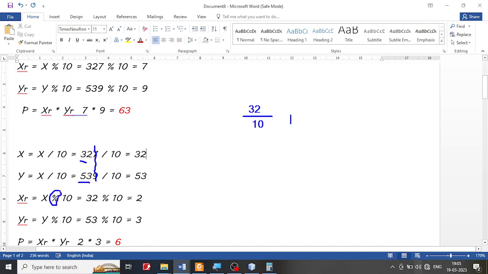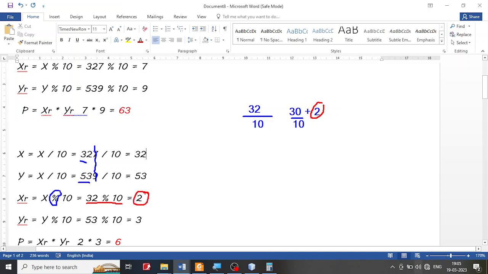So when you divide it, what is the answer you get? 32 can be written as 30 plus 2. And you know very well 10 can divide 30, but 10 cannot divide 2. So what is the remainder? Remainder is 2. So you get 32 mod 10, the remainder will be 2.